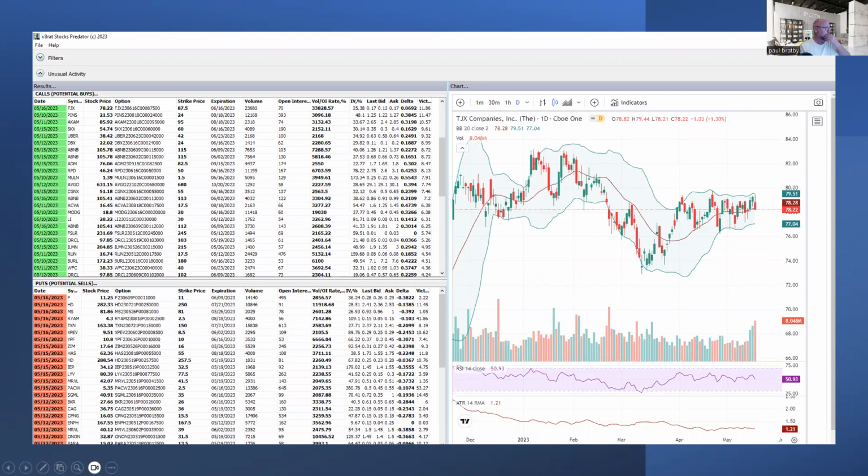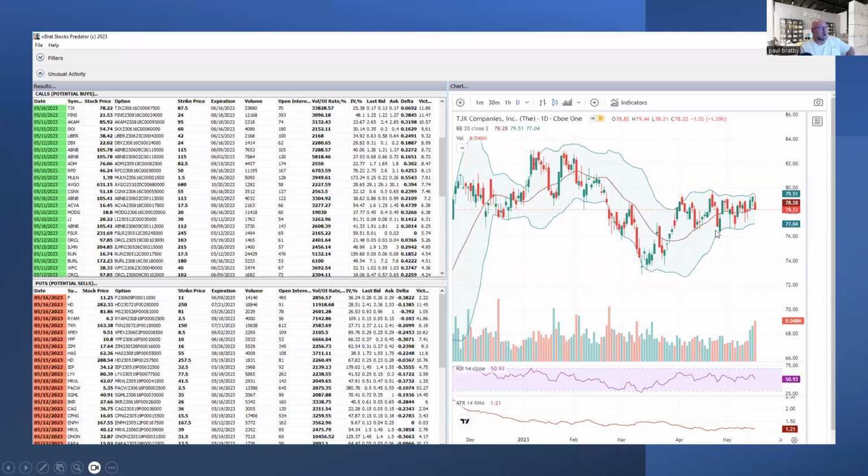So what we're going to look at here is TJX at the top, which has a strike price of $87.50. The victory rate is 11.86, which is pretty good. Again, we're going to go into teaching how to do that. Volume is pretty good there as well.